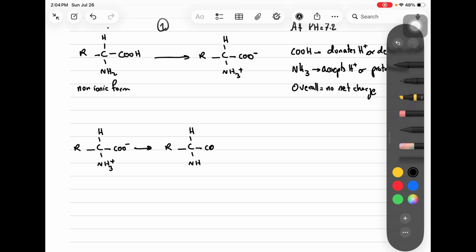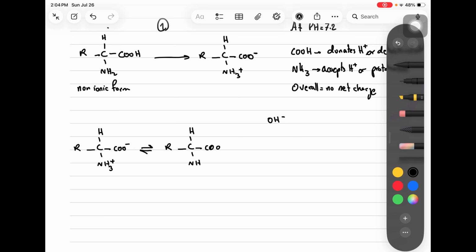So, if you have a zwitterion as acid here, this is a reversible reaction. At high pH, we have lots of OH group. So the OH is negatively charged. We have lots of OH here. Here's what happens.